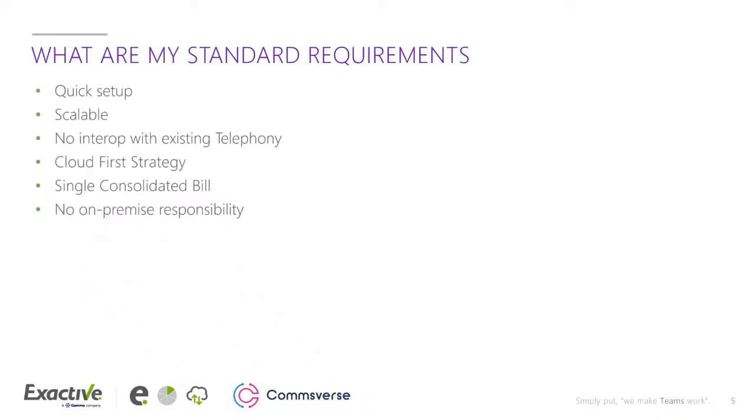So we'll talk about the very simplest one first: what are roughly the standard requirements, the standard needs for direct routing, and how we would want to migrate. What are we migrating from? Essentially, what I want as an organisation is something that has a quick setup. I don't want to be waiting weeks for something to be built, with constant conversations between myself and the direct routing provider.